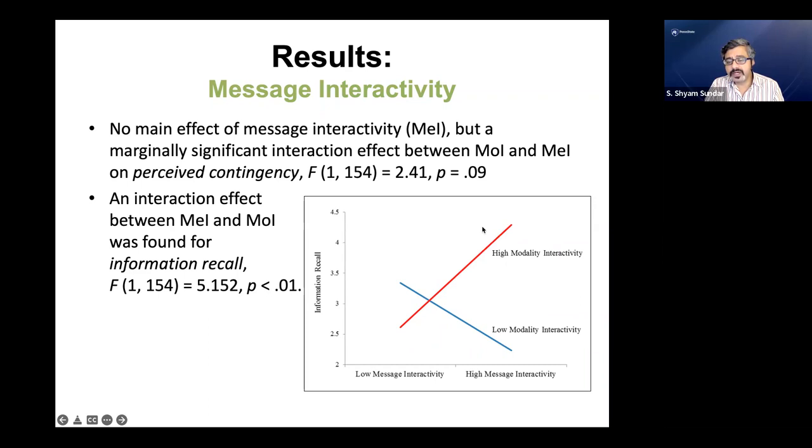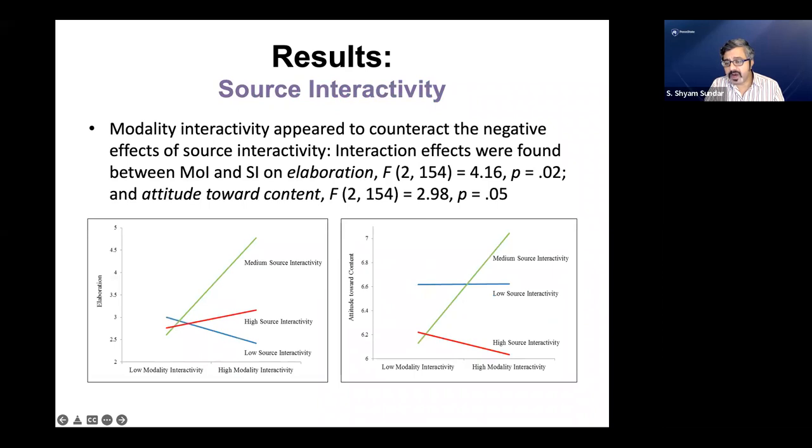In other words, for interaction history to be cognitively consequential, the interface needs to afford more ways to interact in addition to simply clicking. Likewise, we found that the positive effect of customization, which is medium source interactivity, on elaboration and attitudes is evident only when modality interactivity is high.